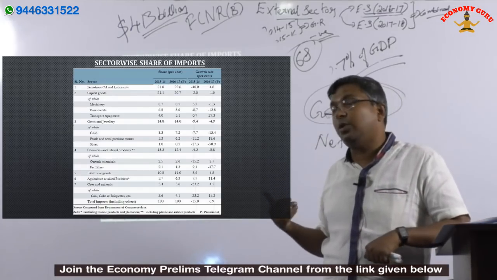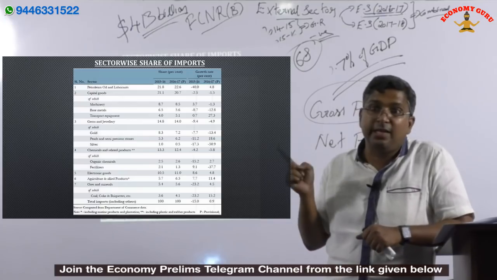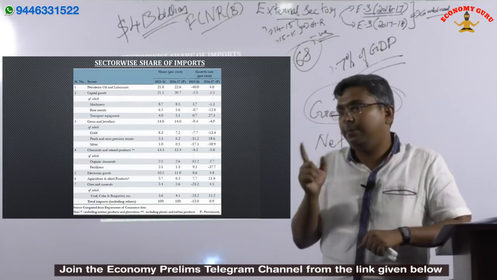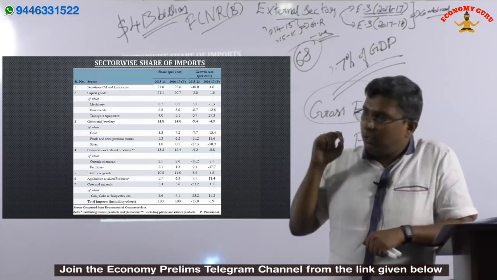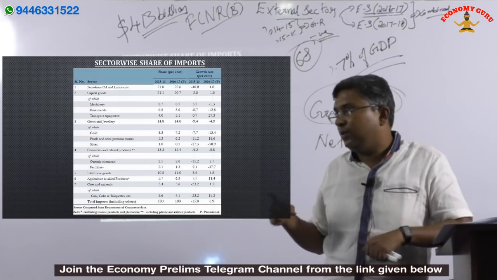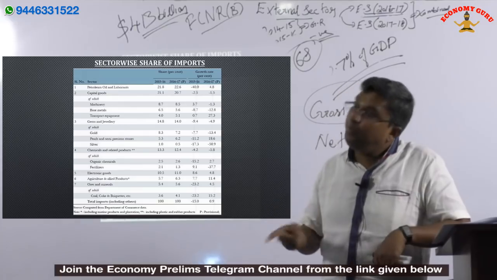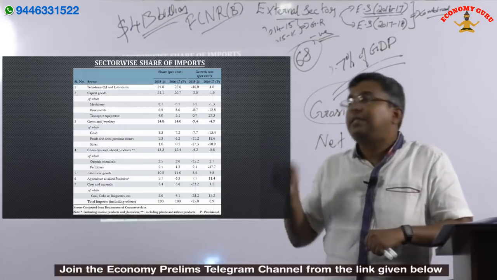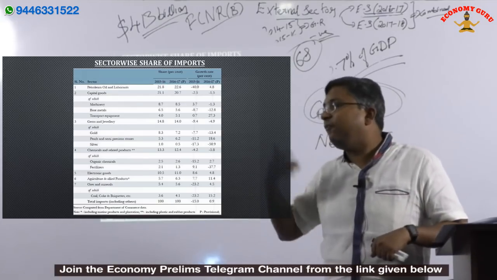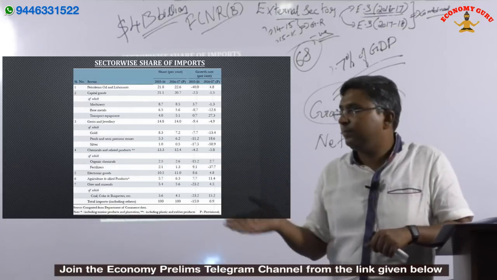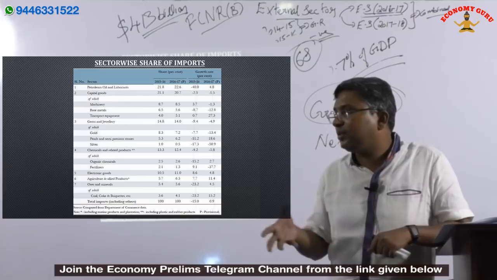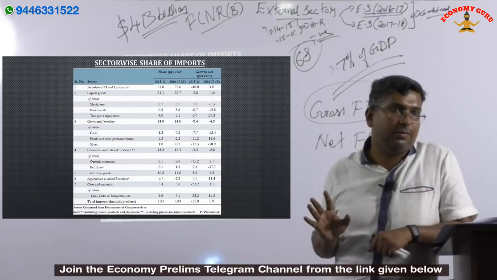So which are the major components of capital account surplus? Note down: recently FDI and FPI. But now FDI is playing a very important role. Because of this capital account surplus, we have a BOP balance. Since we have a BOP balance, every year our Forex has been added. And who is the custodian of Forex reserve? RBI.